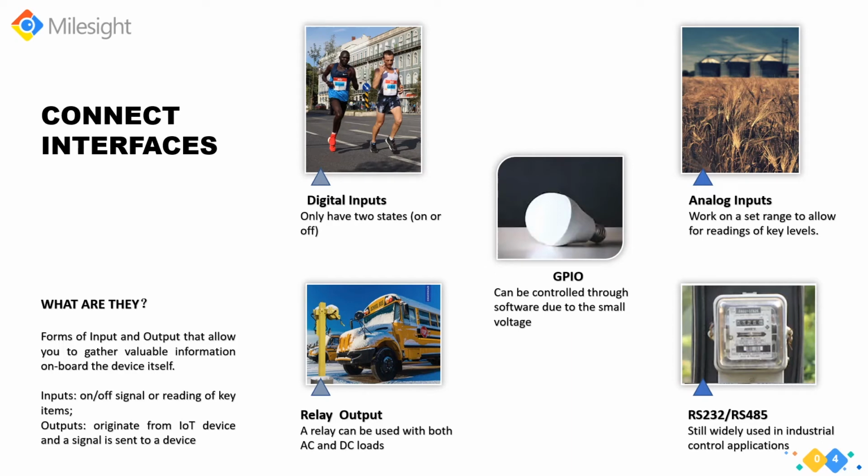RS-485 is also widely used in industrial applications, while higher speeds and longer distances are needed. So it is used in the same type of equipment as defined for the RS-232 interface.